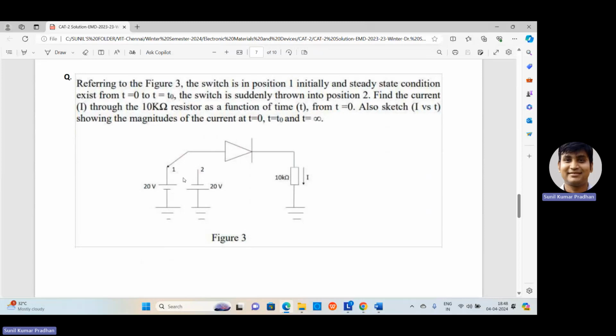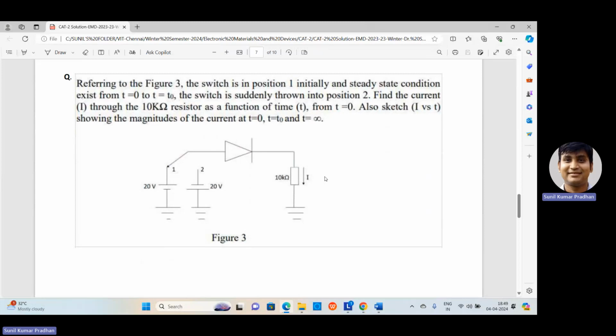That means from time 0 seconds to some time, let's say that time is t naught. Okay. So from 0 seconds to a certain time t naught, the steady state condition exists. Okay. Now the switch is suddenly thrown back into position 2. That means previously it was in position 1. Now it is moved to position 2.